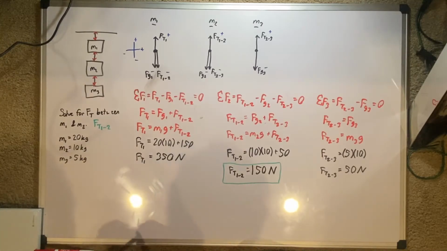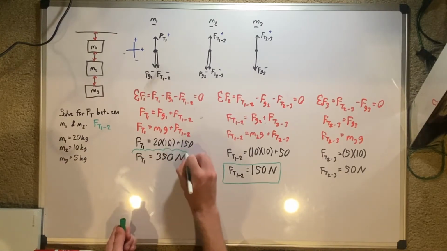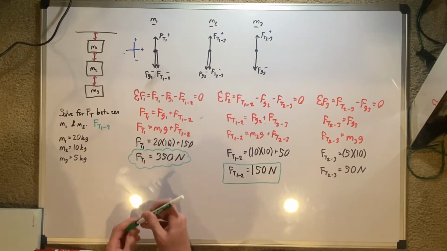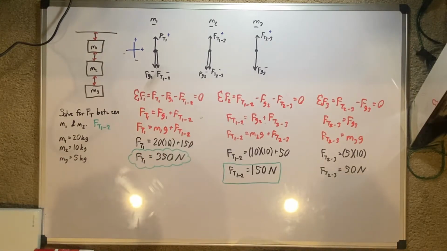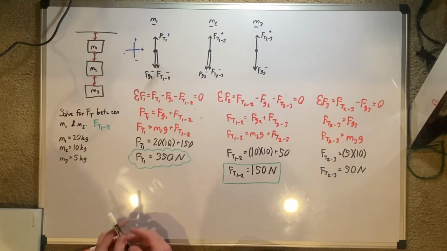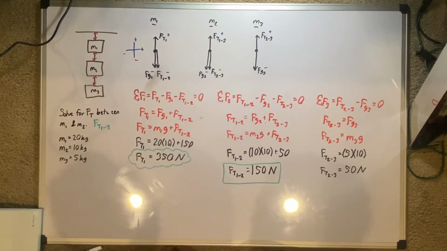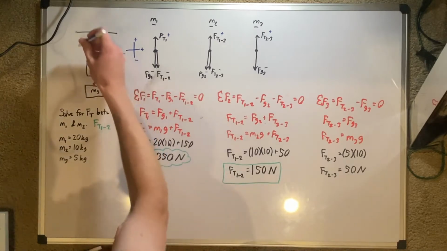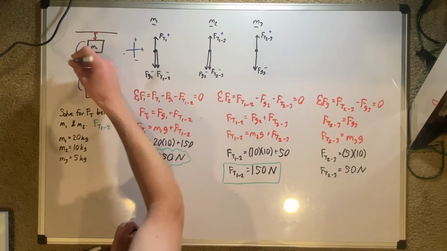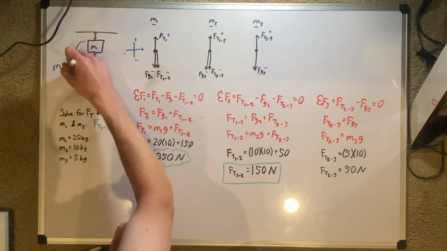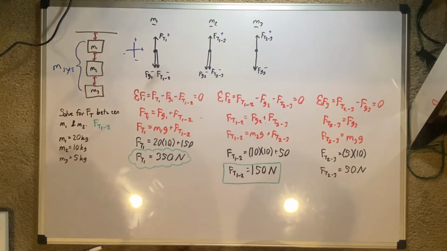Now, just food for thought, if we wanted to figure out only this tension from the get-go, we could actually do the system method and use the mass of the system, which is literally just all three of them added up.